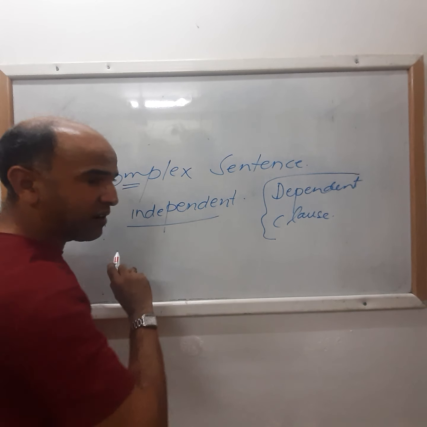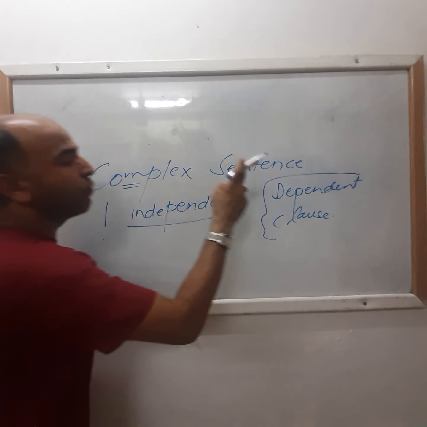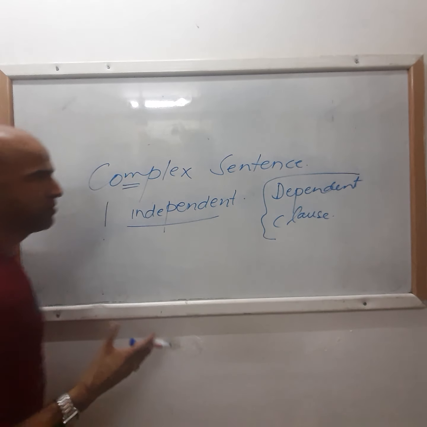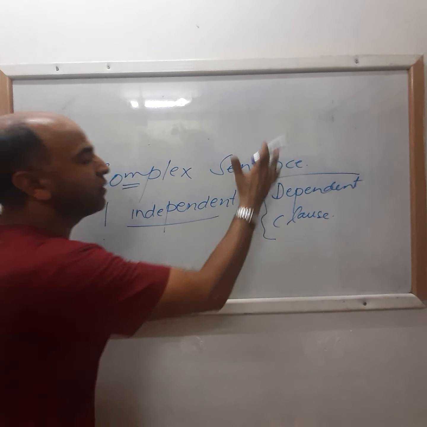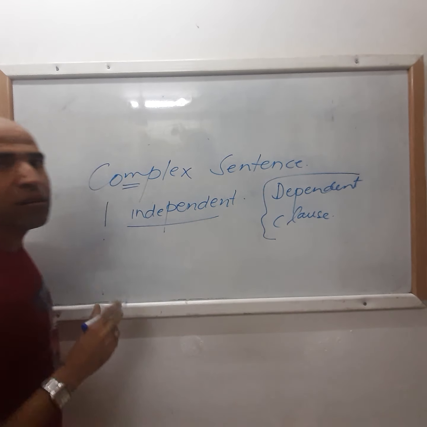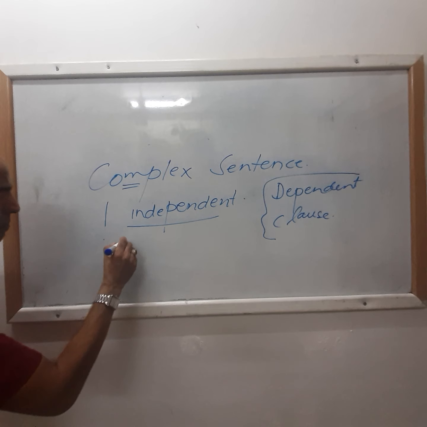One independent and one or more dependent clauses. A complex sentence is the combination of one independent and one or more dependent clauses. Now let me give you an example.